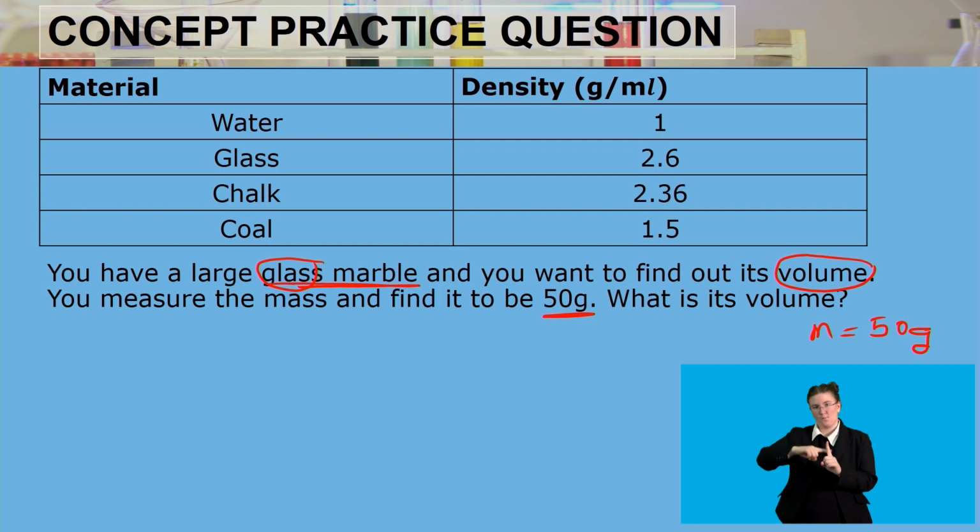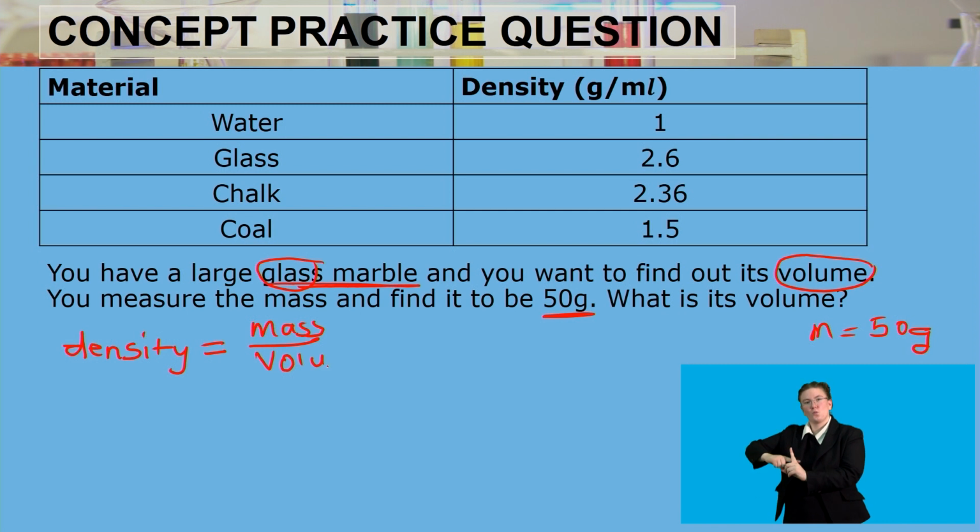So remember the formula that we need to use when we're calculating density. It says density is equal to mass over volume. What is given?